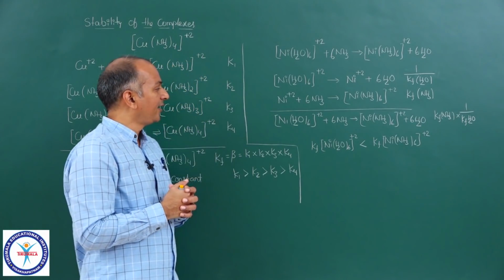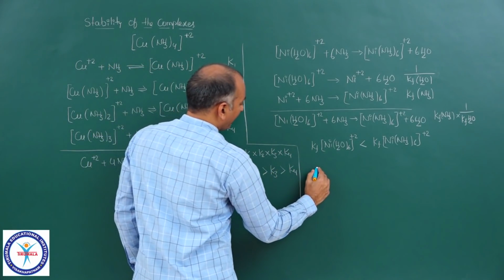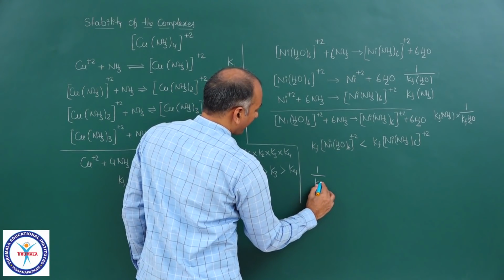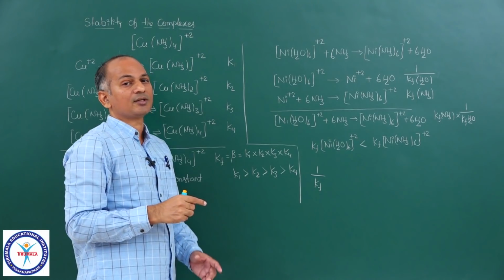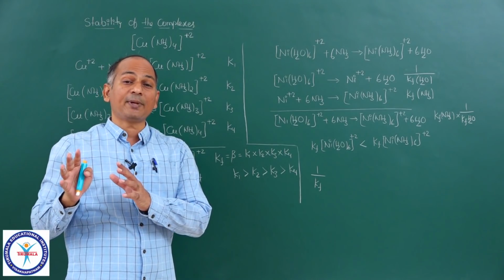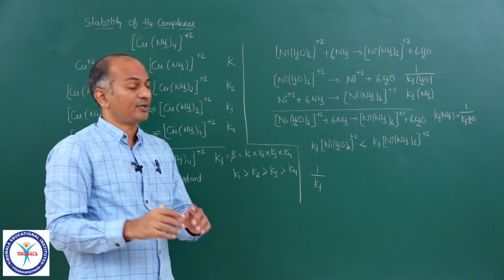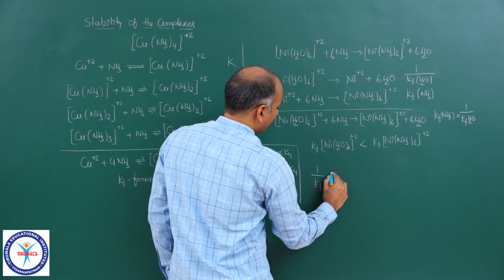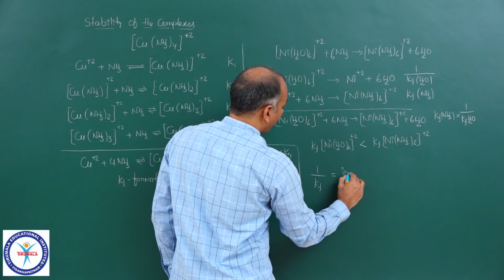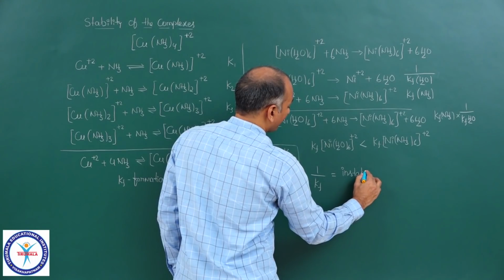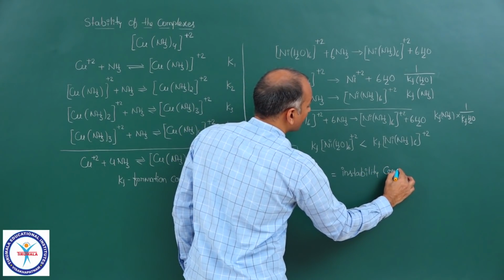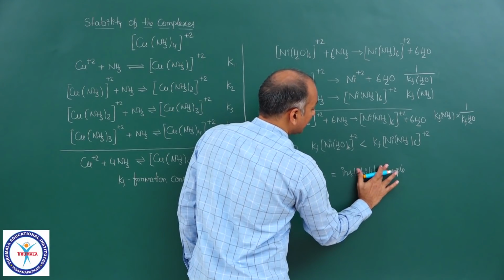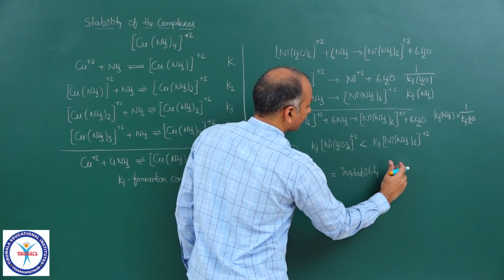Okay. And 1 upon Kf. So here we got 1 upon Kf. That means the equilibrium constant of a reaction in which the complex actually breaks, not formed, is called the instability constant.